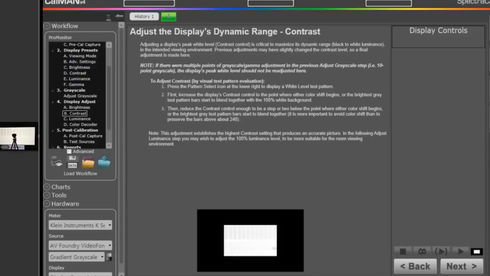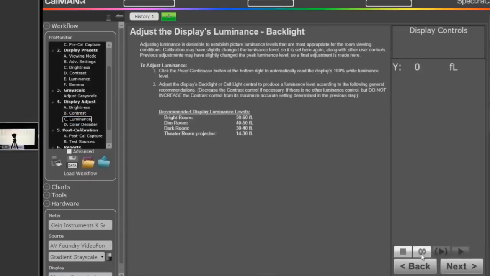Our next step then in the software is to recheck the luminance setting on the display. Again, by clicking the measure button, the software automatically commands the test pattern generator to put up the appropriate 100% white window, and we're making a luminance measurement.